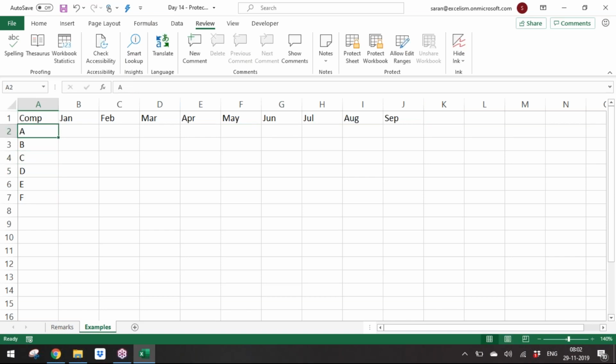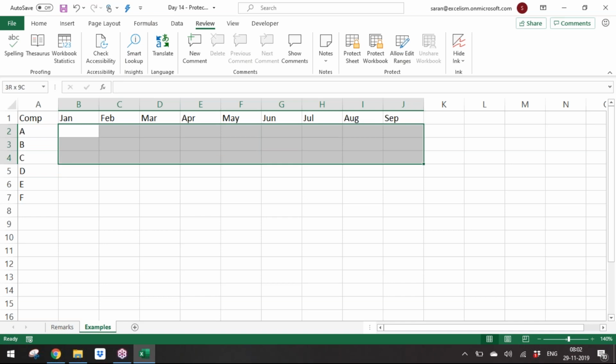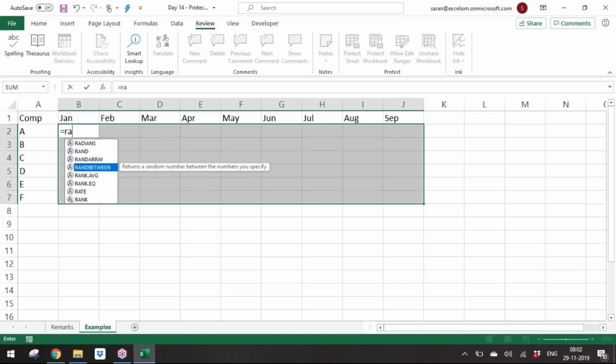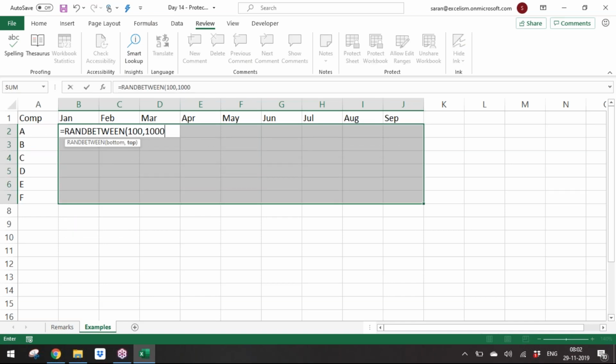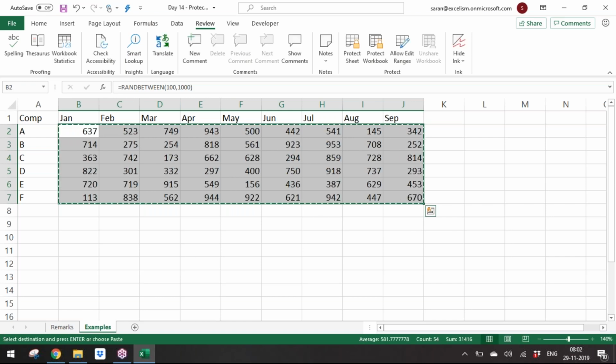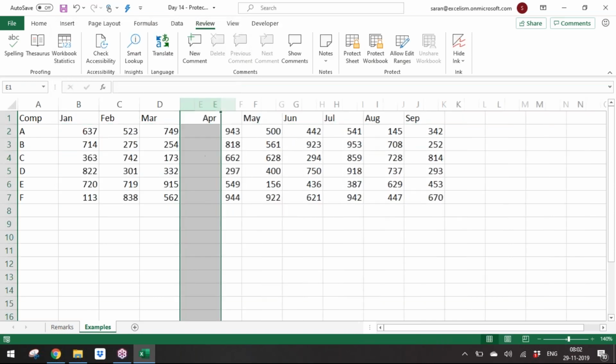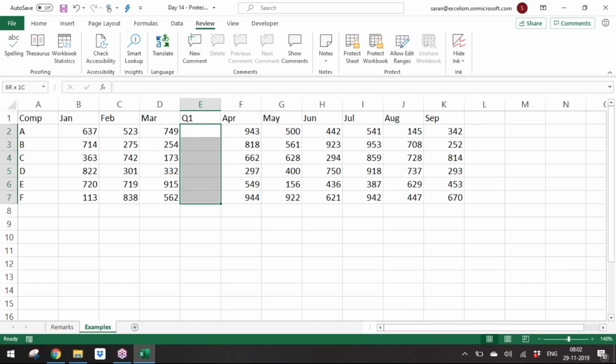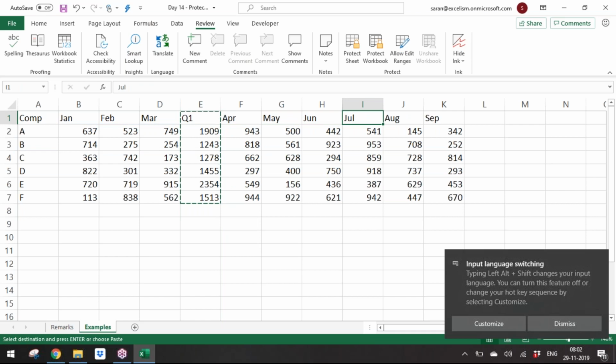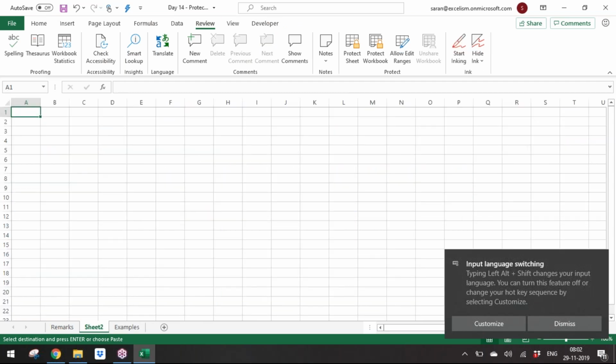Every point is important here. Now just make it random: =RANDBETWEEN(100,1000), enter, copy, paste special values. If I want a quarter one total, I can simply press Alt+=, then Ctrl+C, then I can just, one sec, sorry.